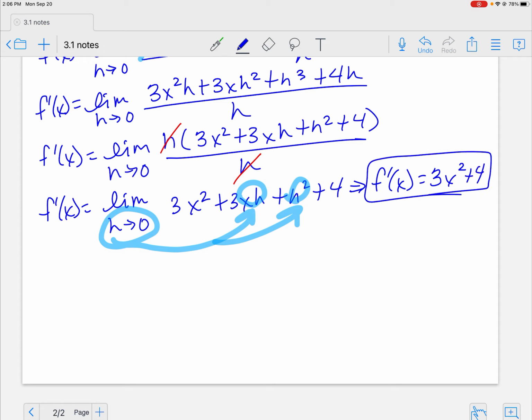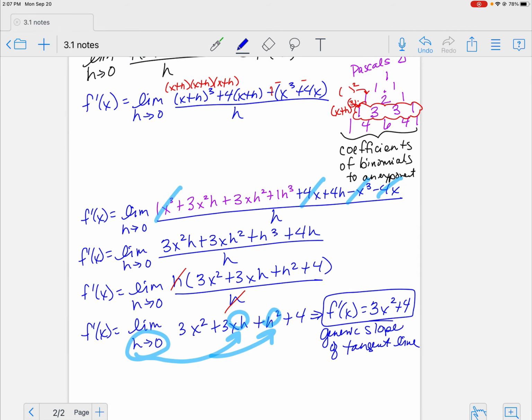And what's a derivative again? The slope of the tangent line. So this is my generic slope of any tangent line. All right? That is a slope. Any slope of the tangent line, that's what we need to know.